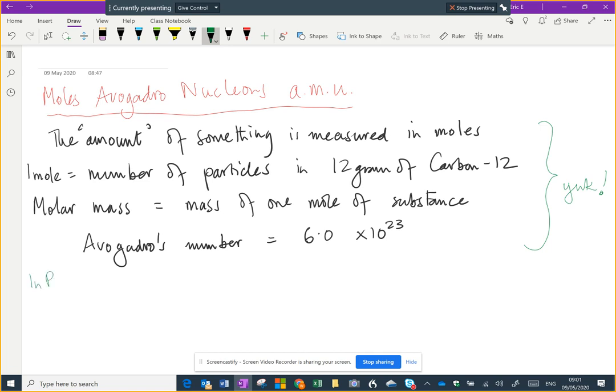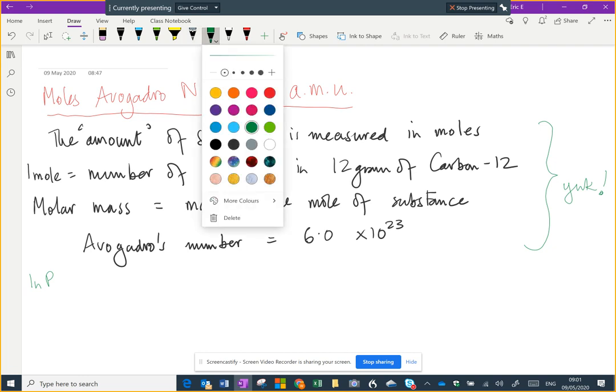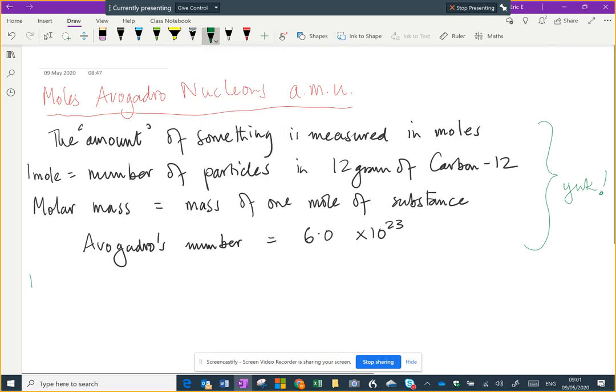In physics, we tend to, shall we say, engage with individual particles.